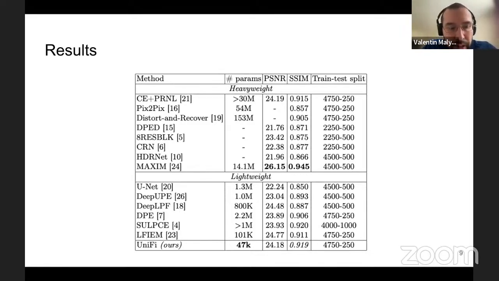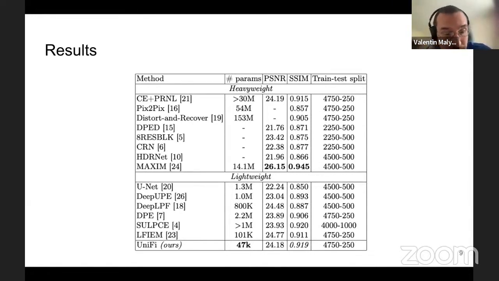Okay, so regarding the lightweight approaches, they have around 1 million parameters, and this 1 million parameters shows pretty close results to some bigger approaches.